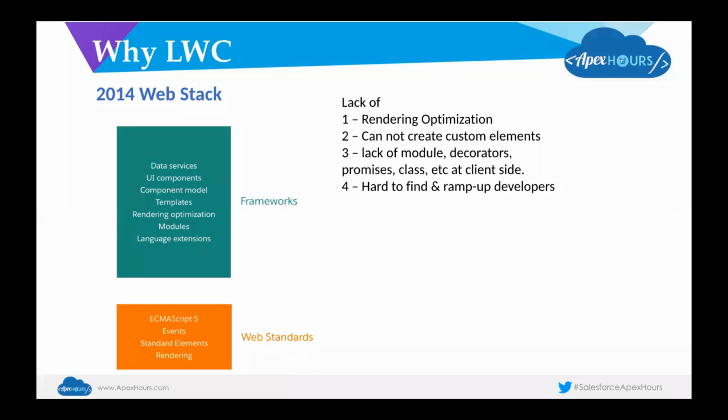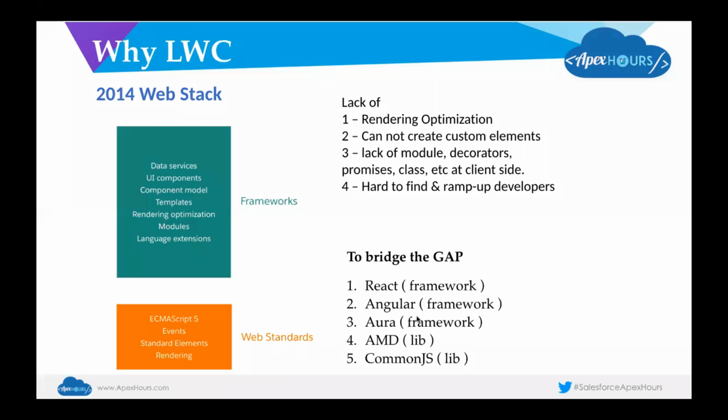With the help of Aura, we have got multiple frameworks like React.js and AngularJS, and these are some kind of libraries. I will give you a very simple example. Let's say I'm developing an application inside Salesforce and I want to use another application inside my Salesforce application.